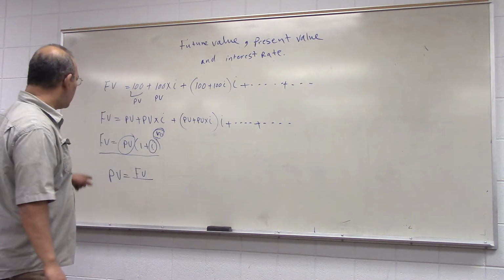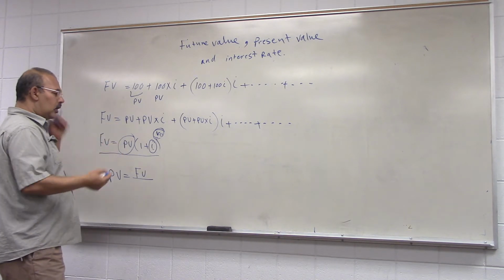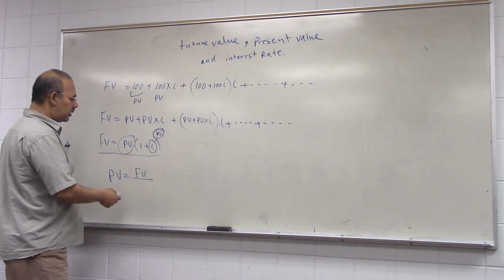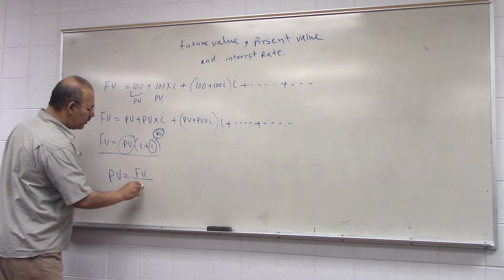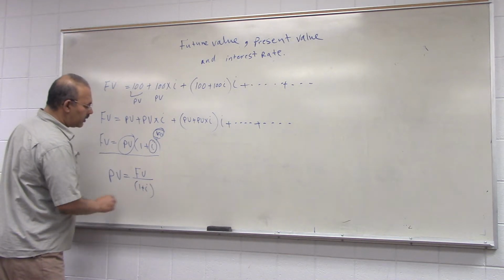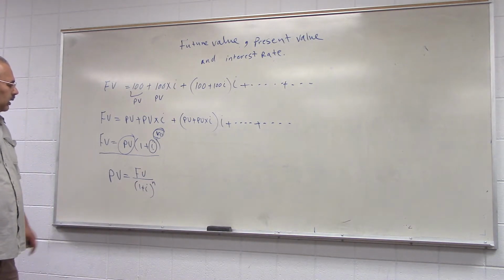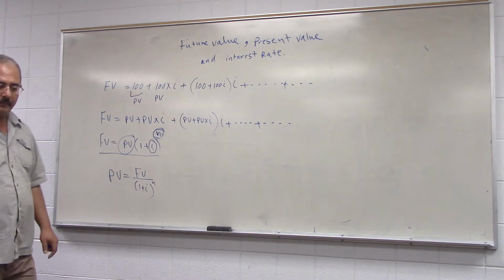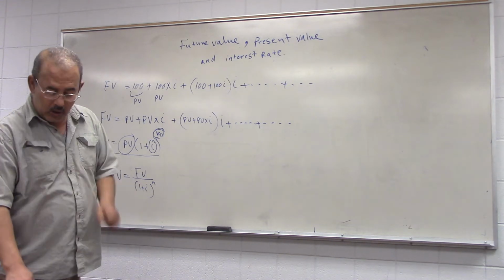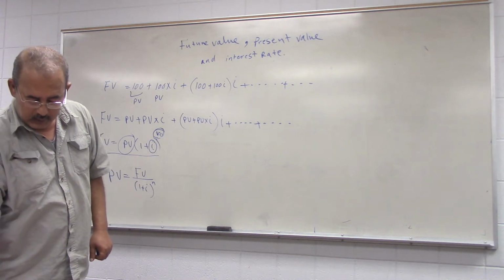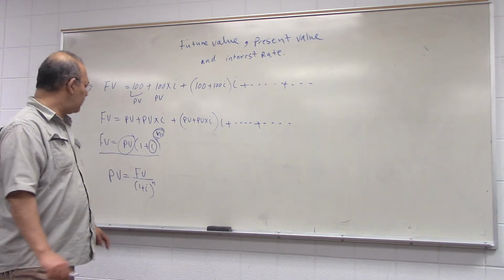The present value for any payment in the future will be given by this equation, 1 plus the interest rate raised to the time period.